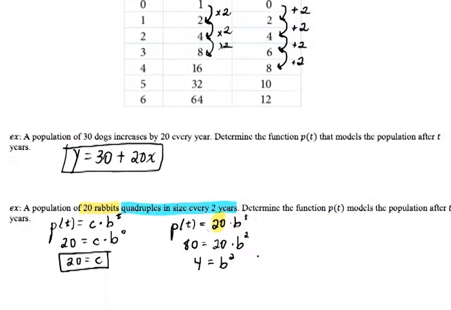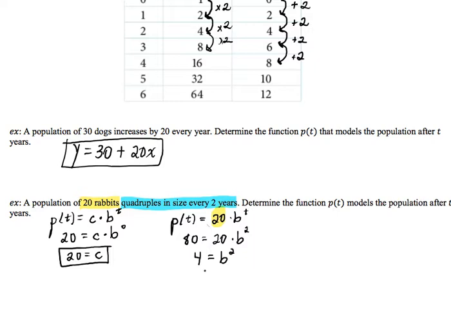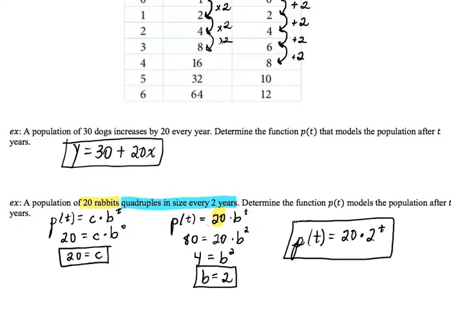And solving for b, take the square root of both sides. Now normally b could be positive or negative 2, but since we are not considering negative bases, we're just going to go with b is positive 2. And now we have our model. P of t equals c, which is 20 times 2 to the t. So that is our exponential model for this example.